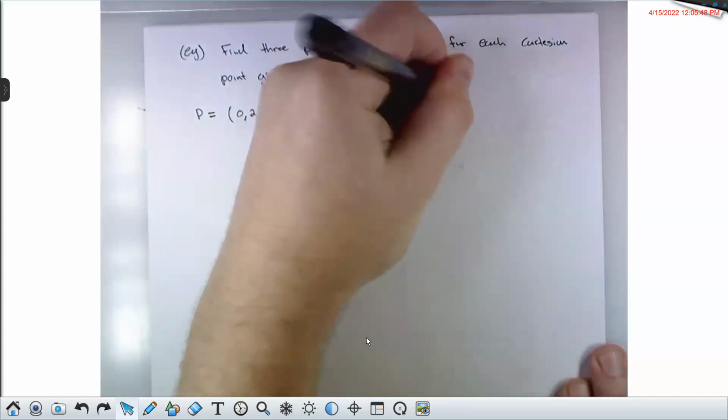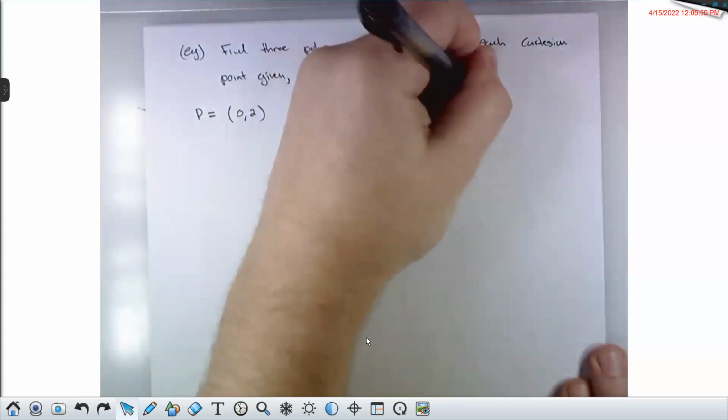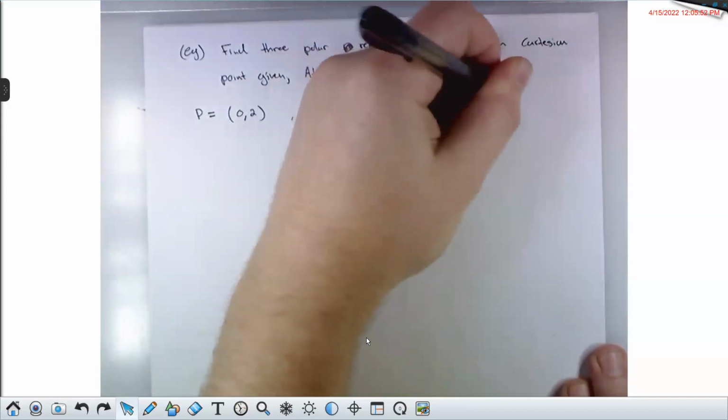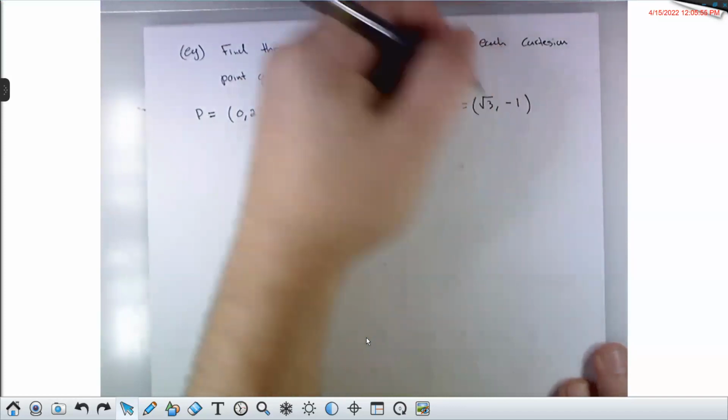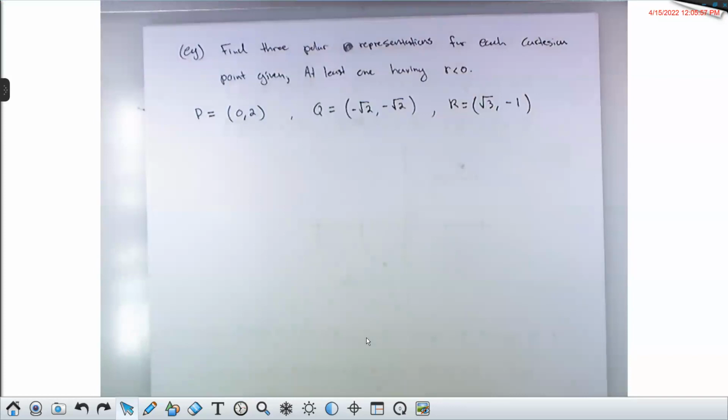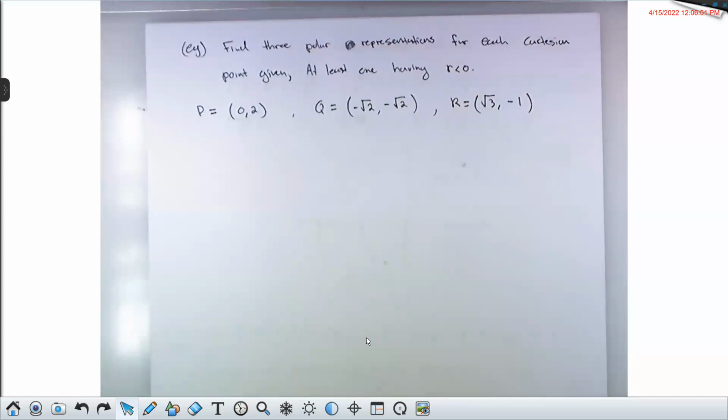And for R, let's use the square root of 3, negative 1. All right, so for each of these, I'm going to give 3 sets of polar coordinates.